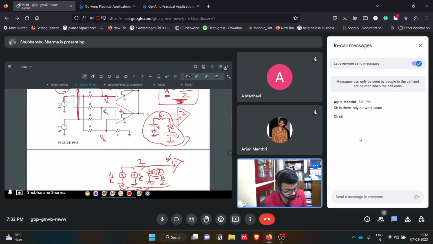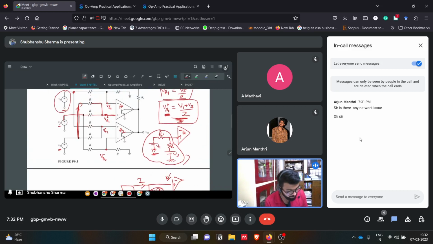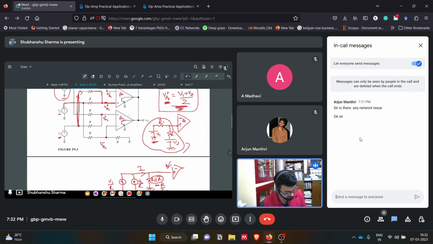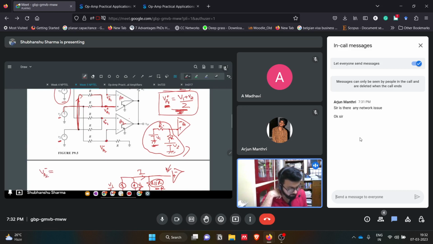Now we also have VA2 plus and VA2 minus voltages. How will we get them? It is also simple. VA2 minus will be the voltage at the inverting side of op amp A2.